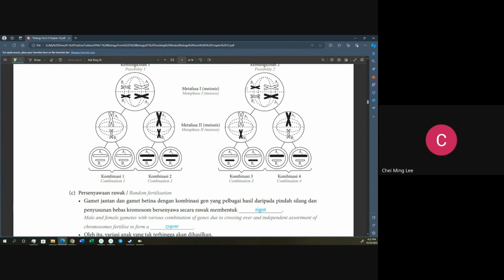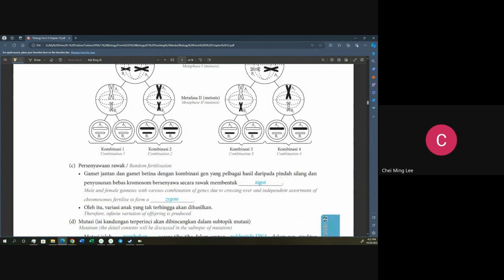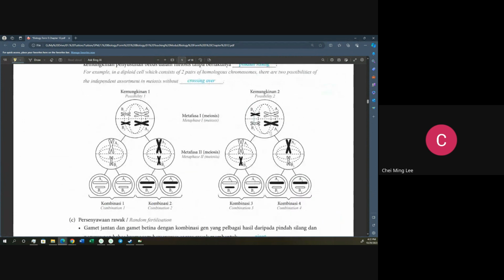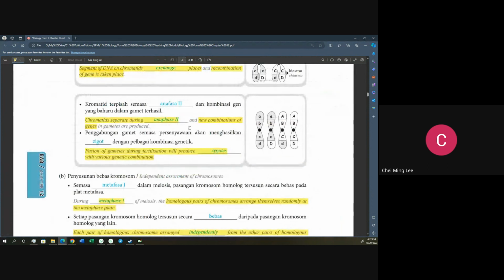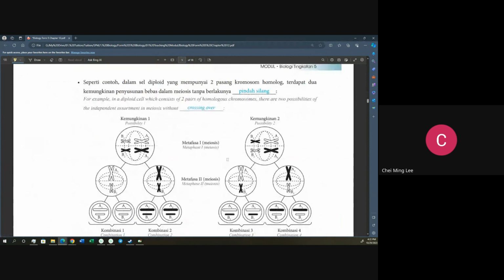Or you can say they are like this, one dark, one fair, so they will come up with another combination, 3 and 4, after the meiosis. So this is how we call independent assortment of chromosomes looks like.